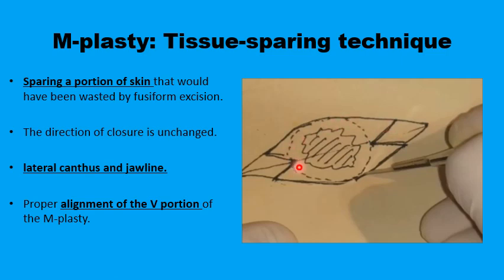And this will spare this rhomboid shape in both ends of the circular defect, and the wound would heal nicely in almost a straight line with two smaller extensions on both sides, no dog ears and minimal tension, but you have to be very careful in suturing these 3-point junctions.